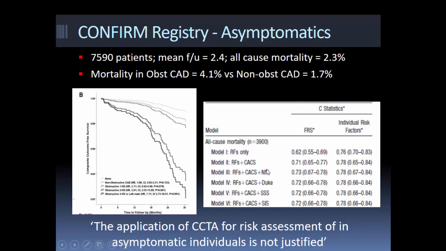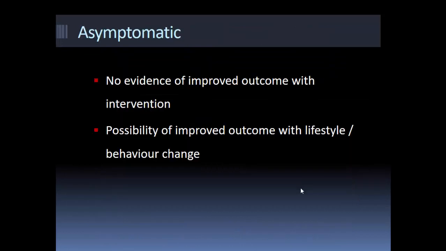But when you model it with different parameters, they found that the combination of risk factors and calcium scoring itself is good enough in terms of prognostication, and the information from CT angiography does not add anything further in these patients, because we're treating these patients to change their prognosis, not to change symptoms, because they are not symptomatic. So that's the one thing where I think experts still think that CT angiography is not the right technique to use in largely asymptomatic people.